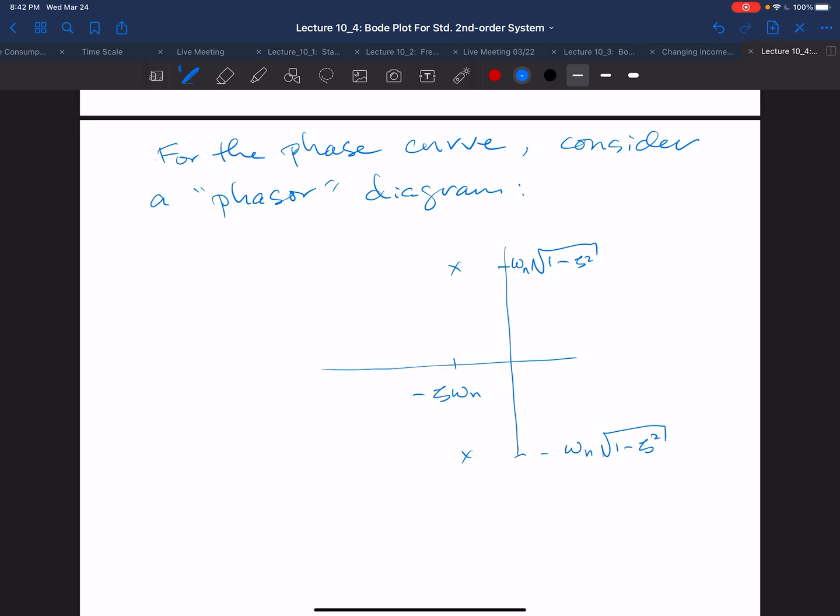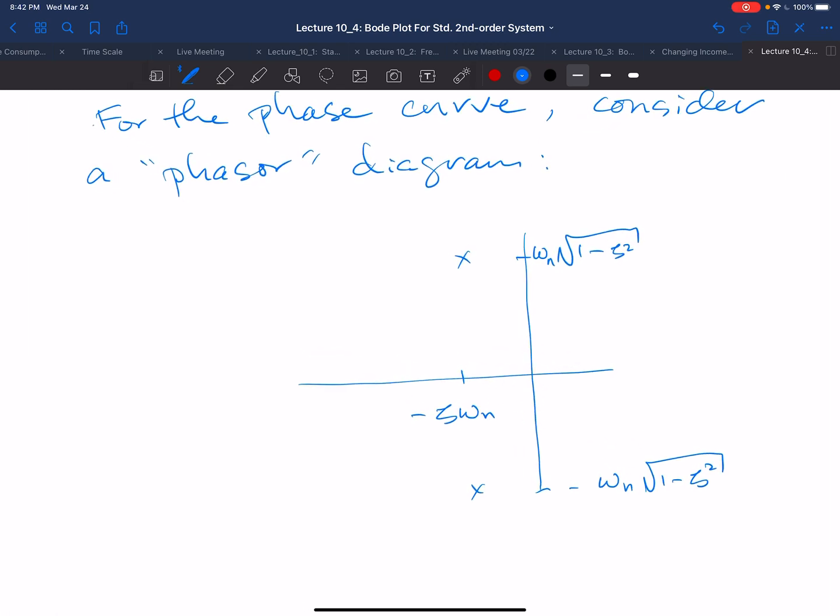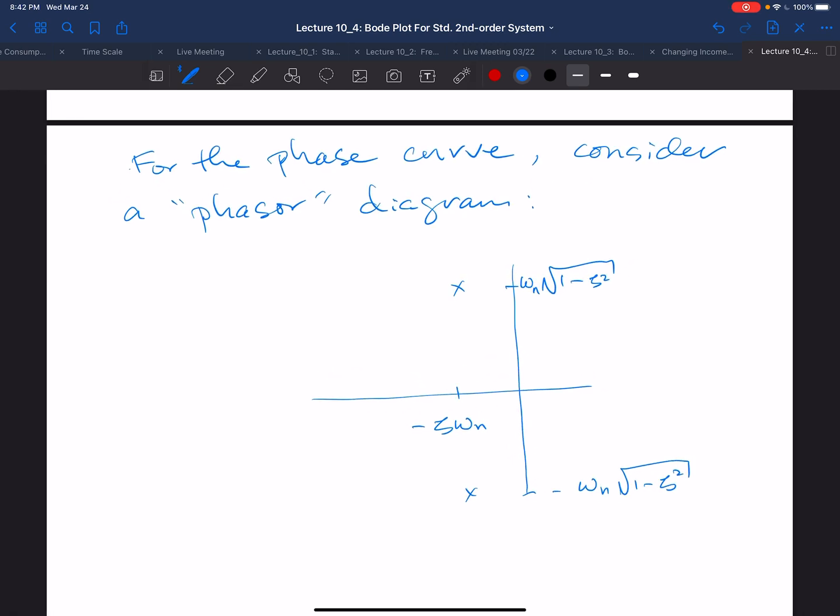So we can rewrite the denominator of the transfer function as s minus the one pole times s minus the other pole. Now if s has the form of j omega, then the two factors in the denominator of the transfer function can be represented as these two phasors.